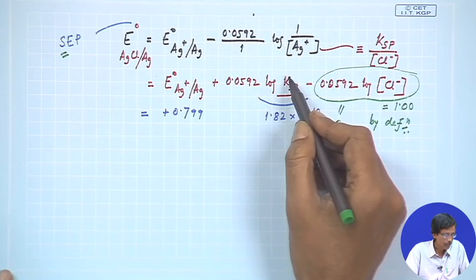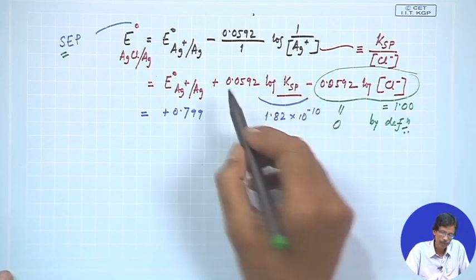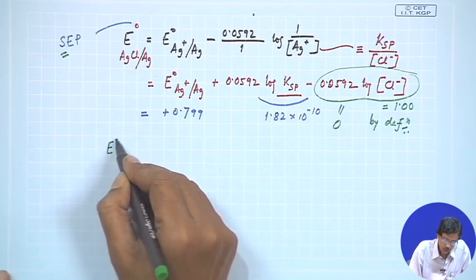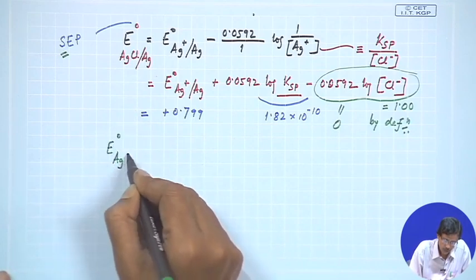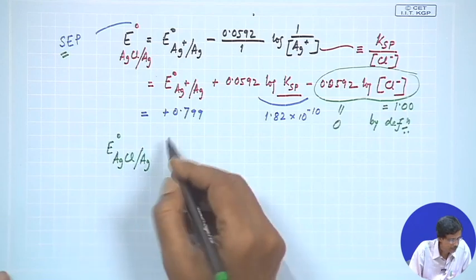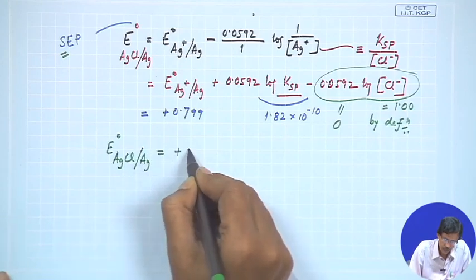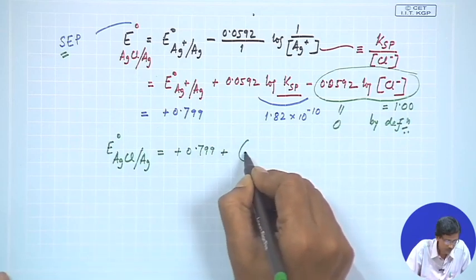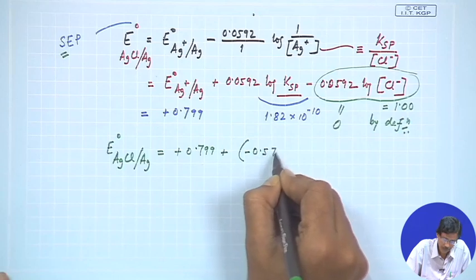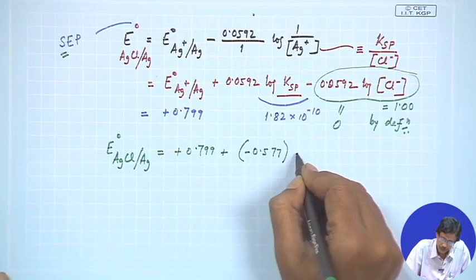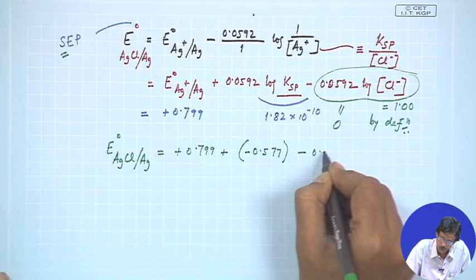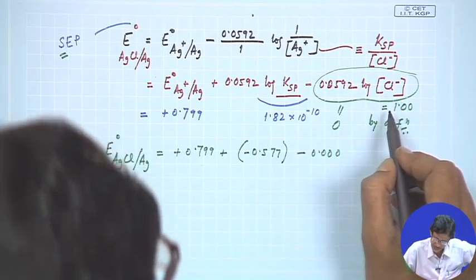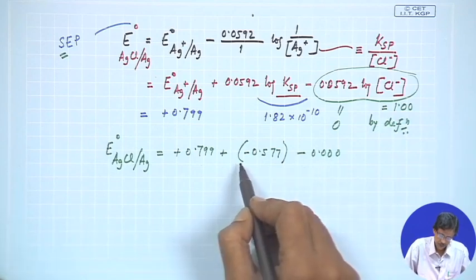We put in these Ksp values, multiply, and we get E0 for the silver chloride silver case equal to plus 0.799 volt minus 0.577 volt, in this standard situation.